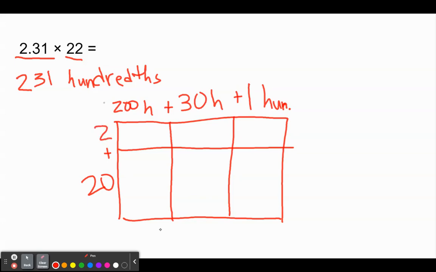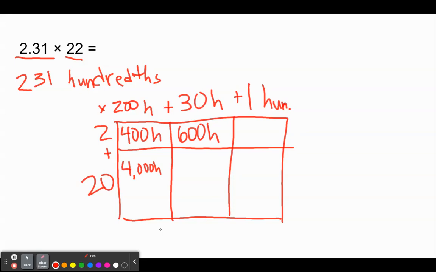Now I'm going to go ahead and multiply each of my portions. So I have 200 hundredths times 2 is going to give me 400 hundredths. Then I have 200 hundredths times 20. That is going to give me 4,000 hundredths. Now I have 30 hundredths times 20. That is going to give me 600 hundredths. Then I have 30. Oh, I'm sorry.